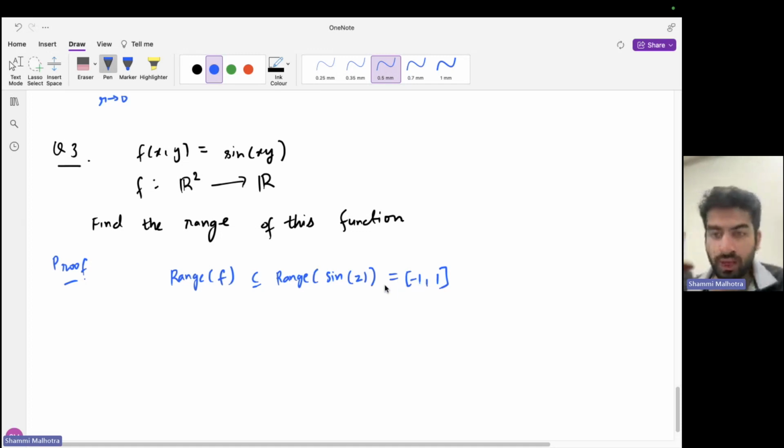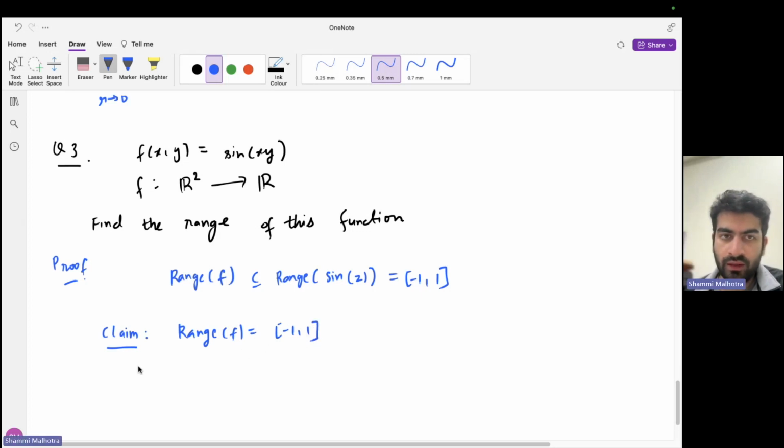So whatever the range of this function is, it has to be contained in this interval -1 to 1. So our claim would be that the range of this function actually turns out to be the whole -1 to 1. And how can we show this?